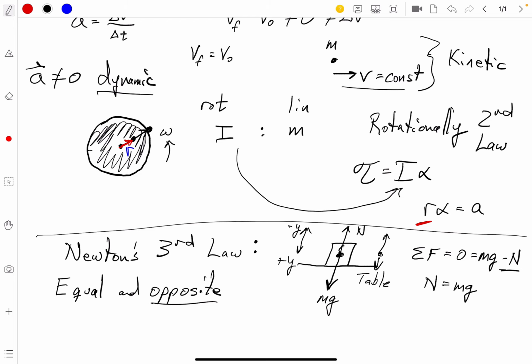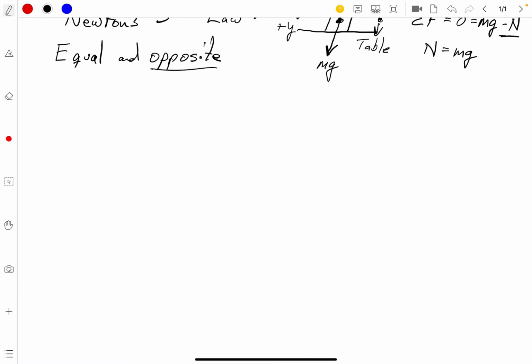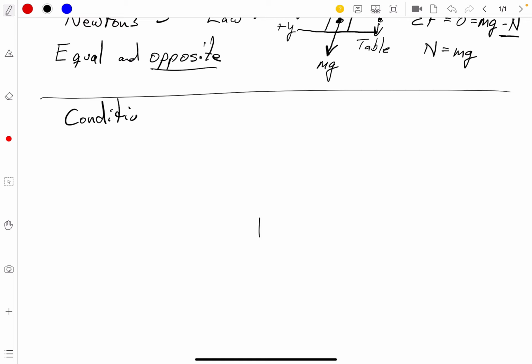So I talked about the first condition for equilibrium a second ago. Let's talk about the two conditions for equilibrium. We need two. So one, I said F equals ma.